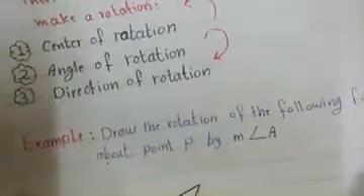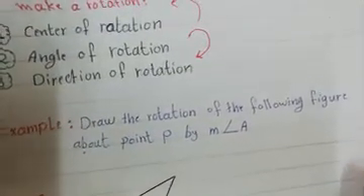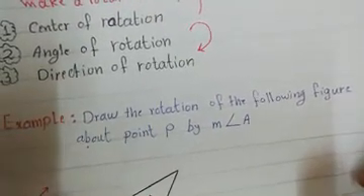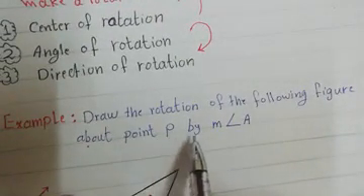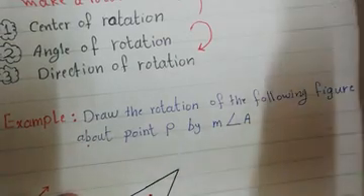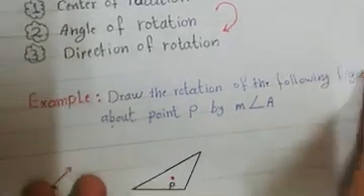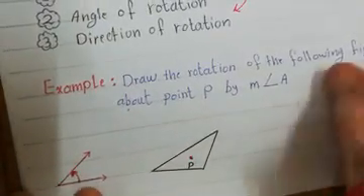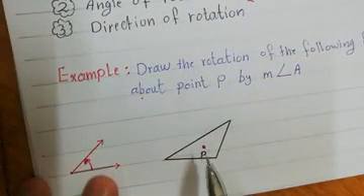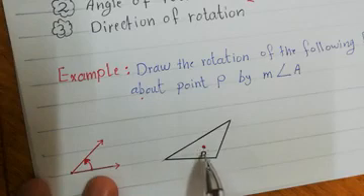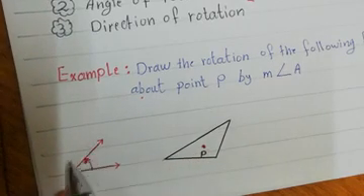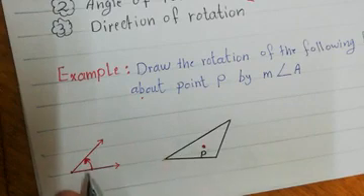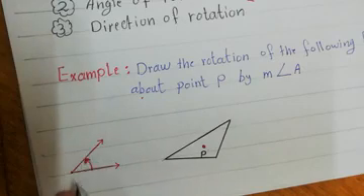Okay, this is an example. Draw the rotation of the following figure about point P by the measure of angle A. This is the figure, a triangle. This is the center of rotation, which is P. This is the angle which we have to move, and this is the direction of the angle. It is counterclockwise.